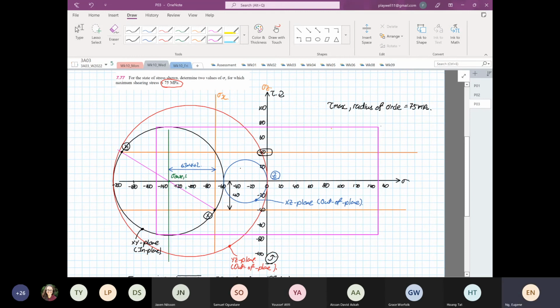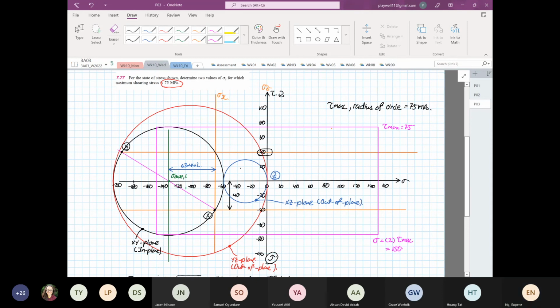So this is our shear max 75, our normal stress of twice of the tau max, which is equal to 150.